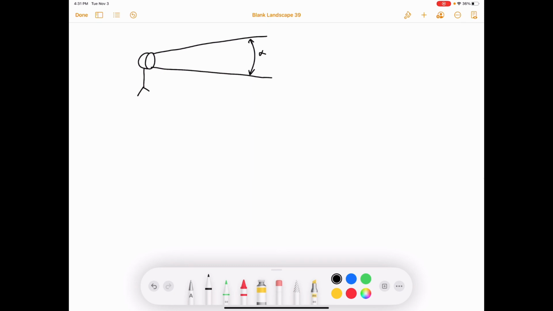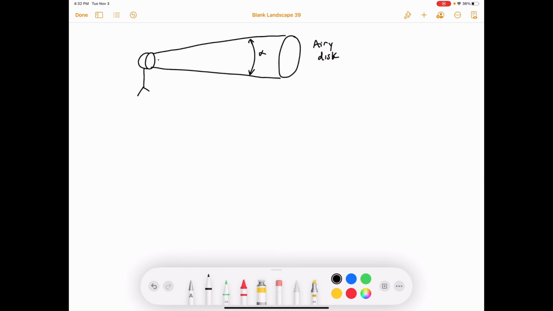Now, what we really mean by this is that since the beam is going through a circular aperture, we get this diffraction pattern where at the very center, we have the Airy disk. And the Airy disk contains the vast majority of the energy of this beam. So what we are saying is the angle that the Airy disk spans is alpha, okay?